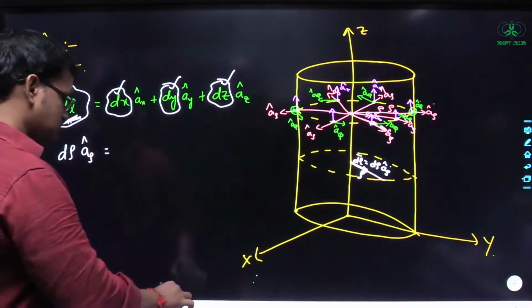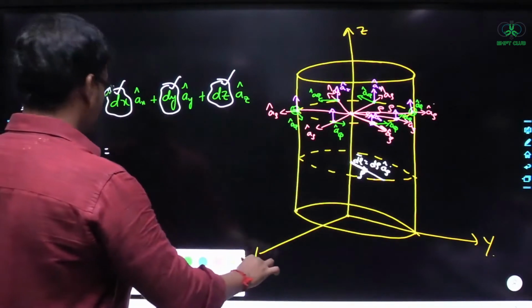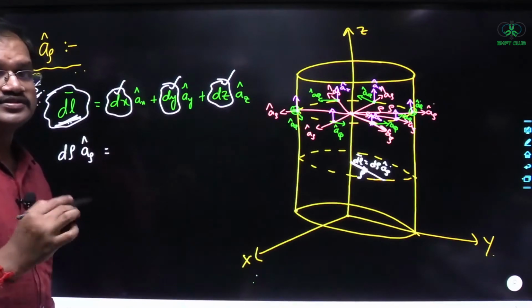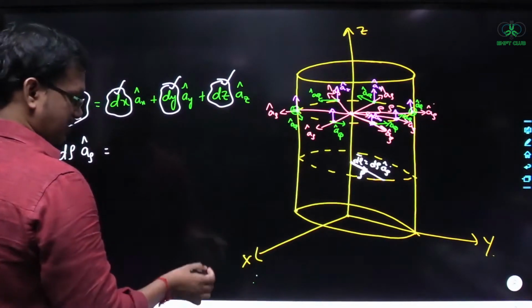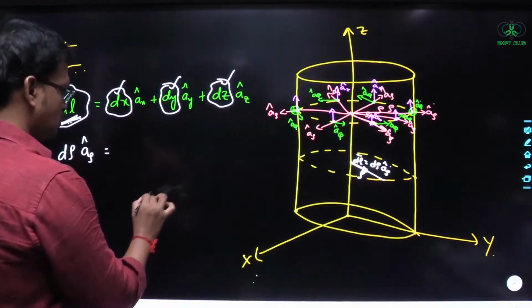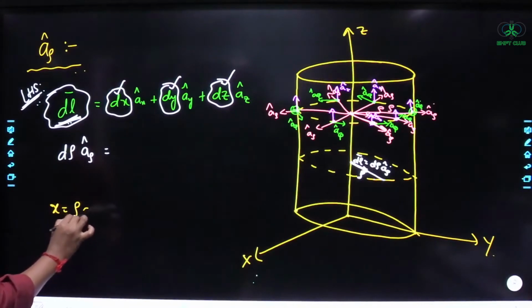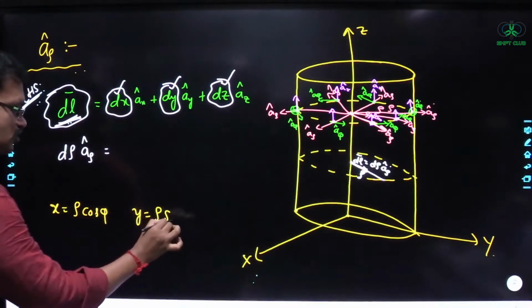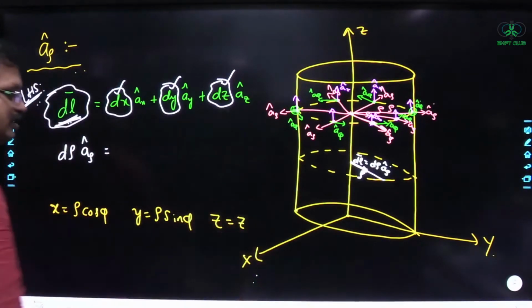Just now we have seen how to represent the rectangular coordinates in terms of cylindrical coordinates: x is equal to rho cos phi, y is equal to rho sin phi, and z is the same as z.